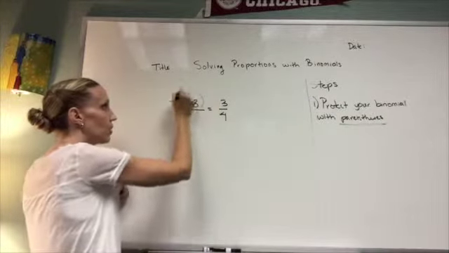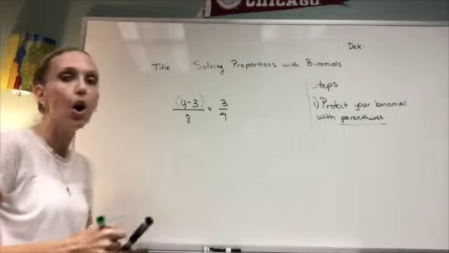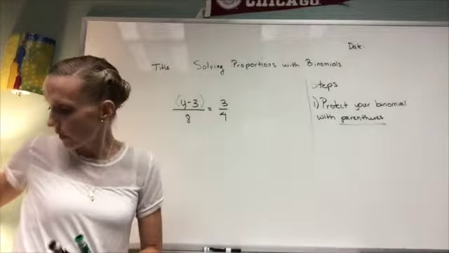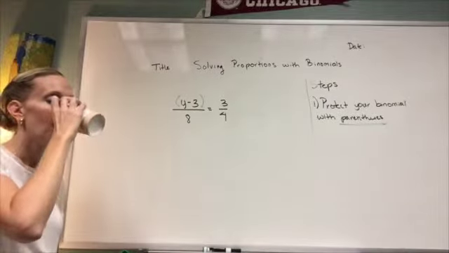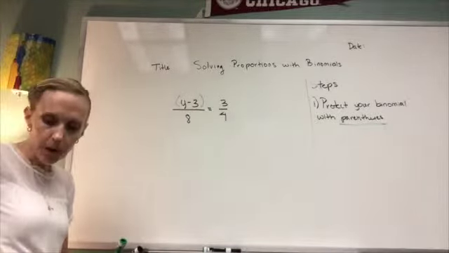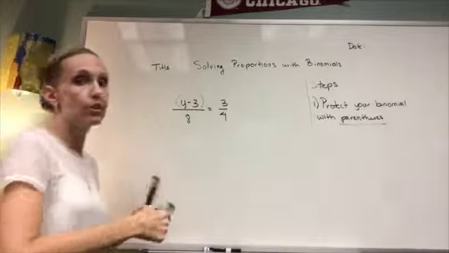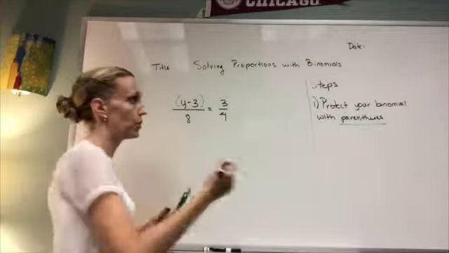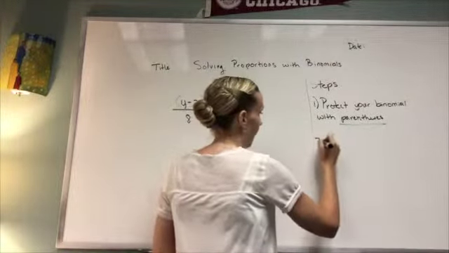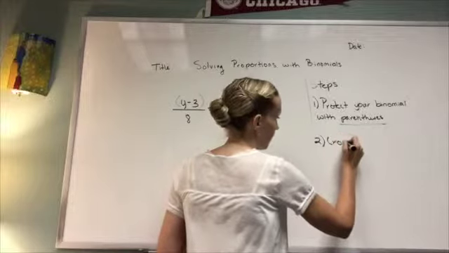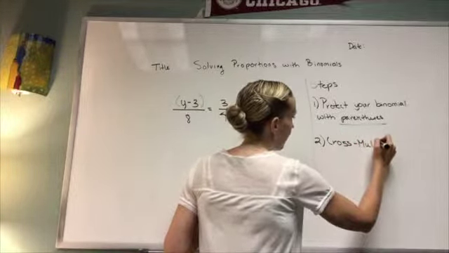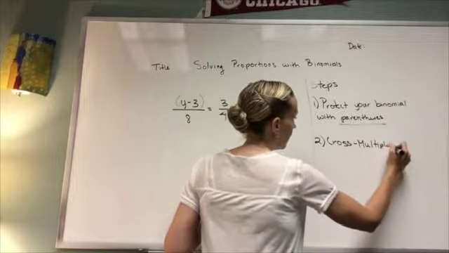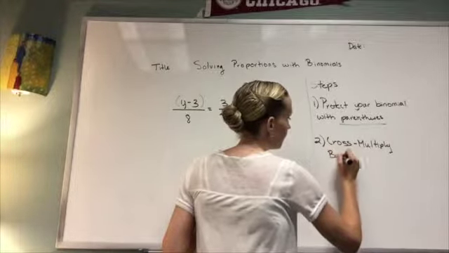Every time you have a binomial, whenever you're solving something, always protect it, because if not, things go badly. After we do that, we are going to do what we've done before with proportions. We are going to cross multiply or butterfly it, whatever you want to think of it.